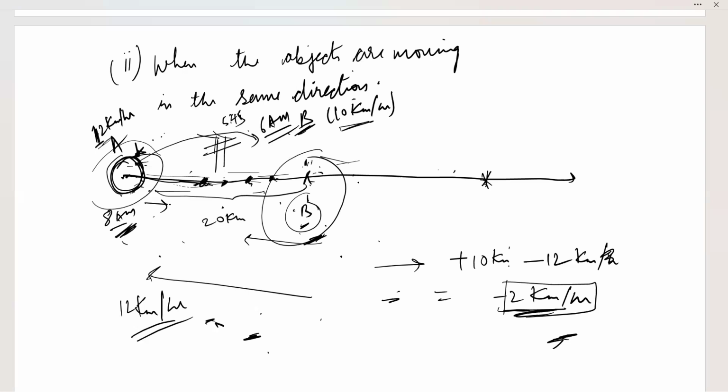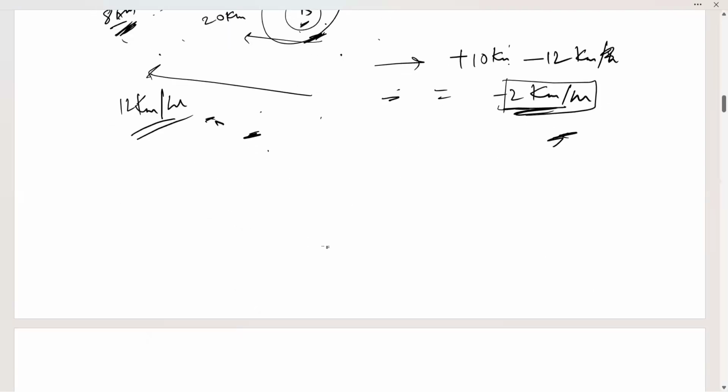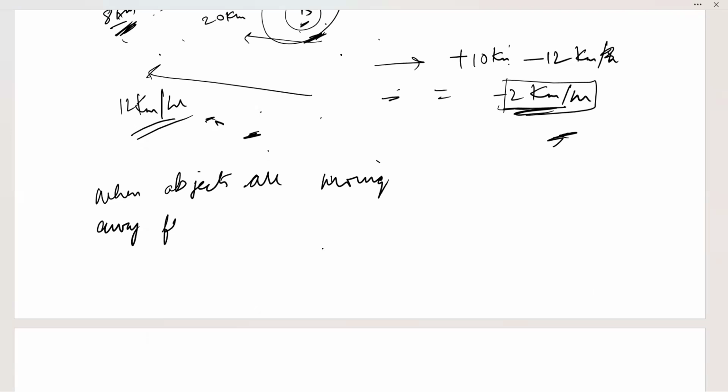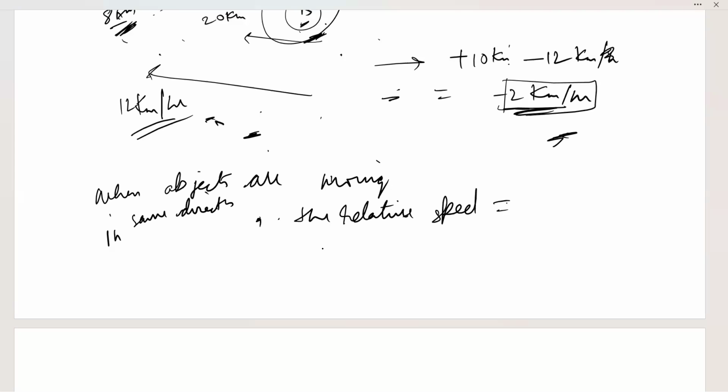ठीक है. So ऐसा होगा. So when objects are moving away from each other, or not moving away from each other, I would rather say moving in the same direction, then the relative speed is subtracted.